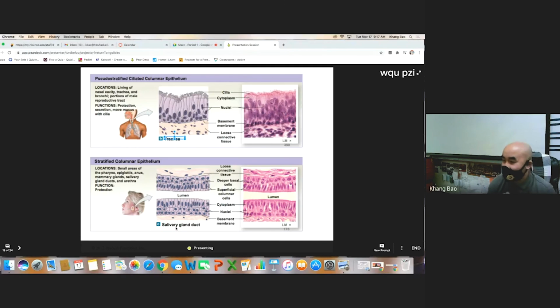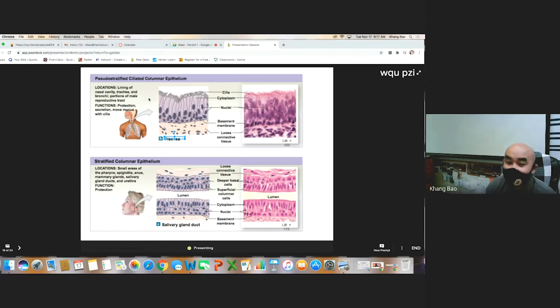This is the tube that releases saliva. They are columnar. You see the column. And then they have stratified, some more layers down here, even though it doesn't look like columnar, but anytime you see the column on the top and then the bottom, it can be any shape, this is stratified.